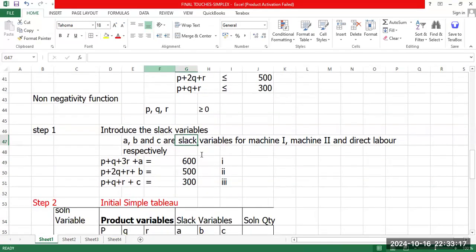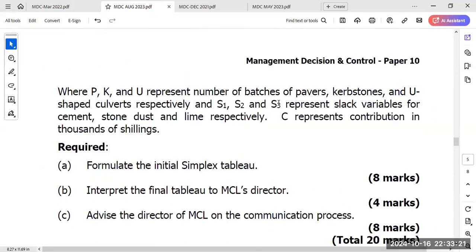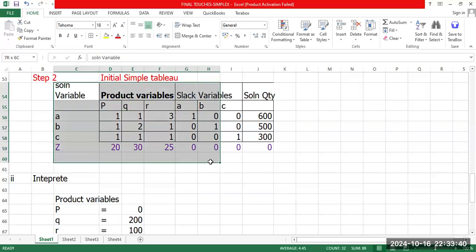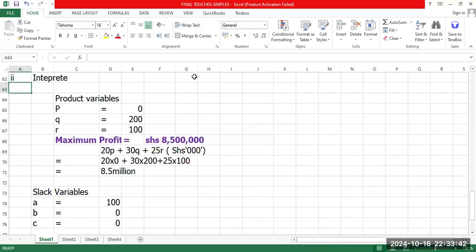You see in the question, slack variables are defined here. These are slack variables now for cement, stone dust, and lime. You do the same and formulate them like this. And go ahead and interpret the same concepts.